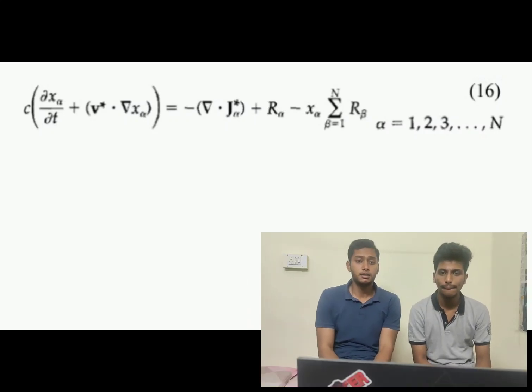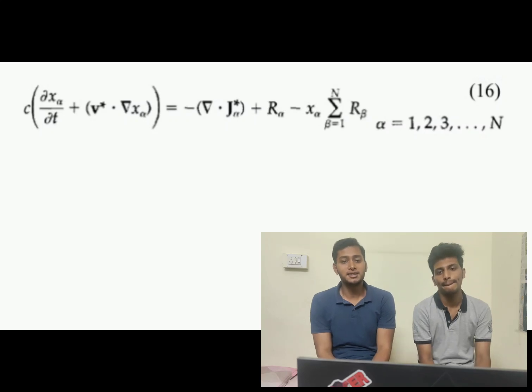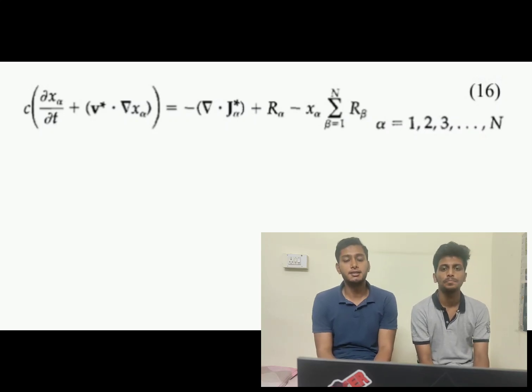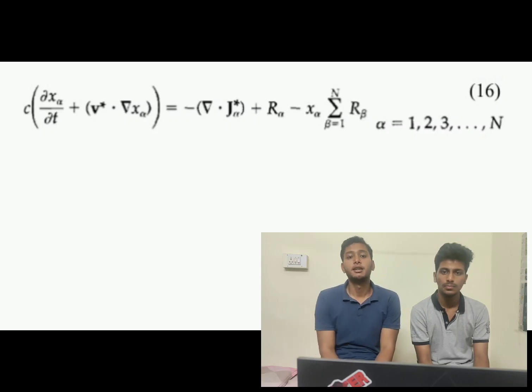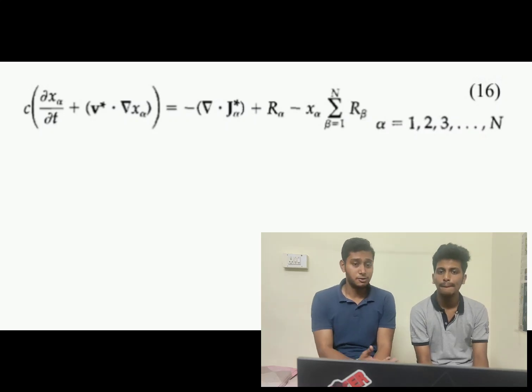Coming to the equation, C times ∂xA/∂t plus V* dot ∇xA is equal to DAB ∇²xA plus xA RA minus xA RB. Now we look at the term by term breakdown of the equation. Alright Kaushik, let's get into the terms. Start us off.